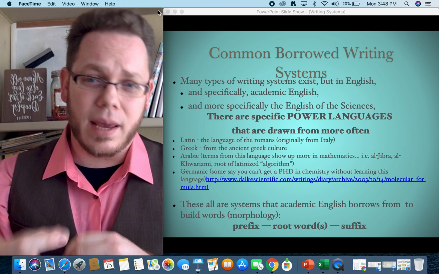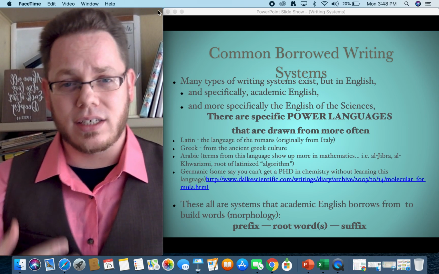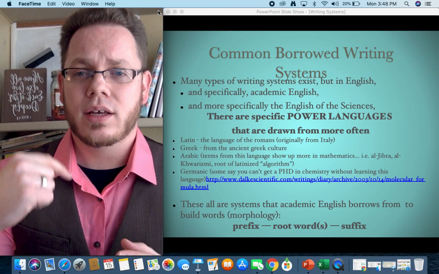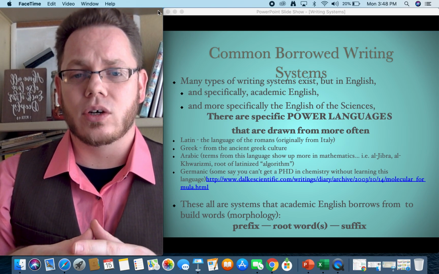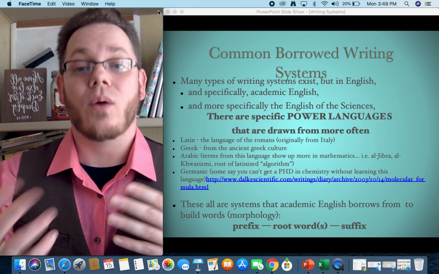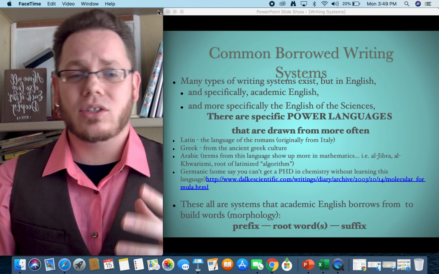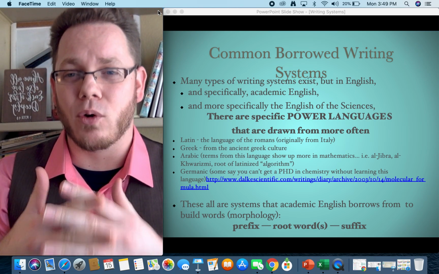When we look at chemistry, specifically early era chemistry, like 1800s chemistry, we see a lot of Germanic roots, a lot of German language, and so there are some who say you can't get a PhD in chemistry without learning German, or at one point in the arc of chemistry that was the belief. All of these are systems that academic English borrows from to build words, or uses that morphology principle.